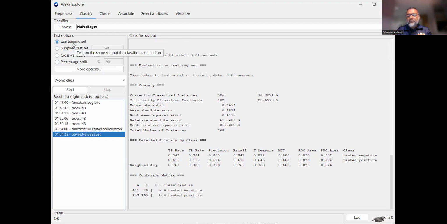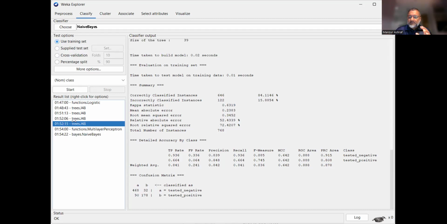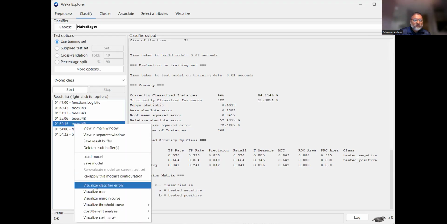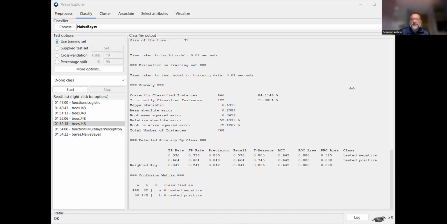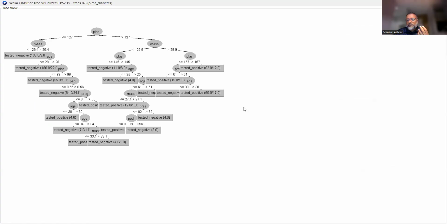So for this particular case, I can conclude that the decision tree is the best, right? Decision tree is the best. And if I want to draw it, I can see that this is the model, the so-called best model, right? And that is 84% accurate, right?